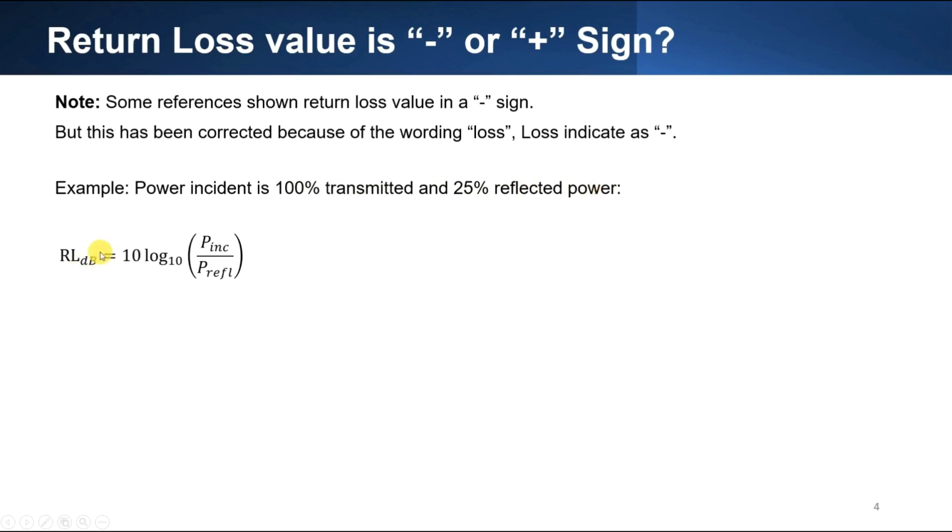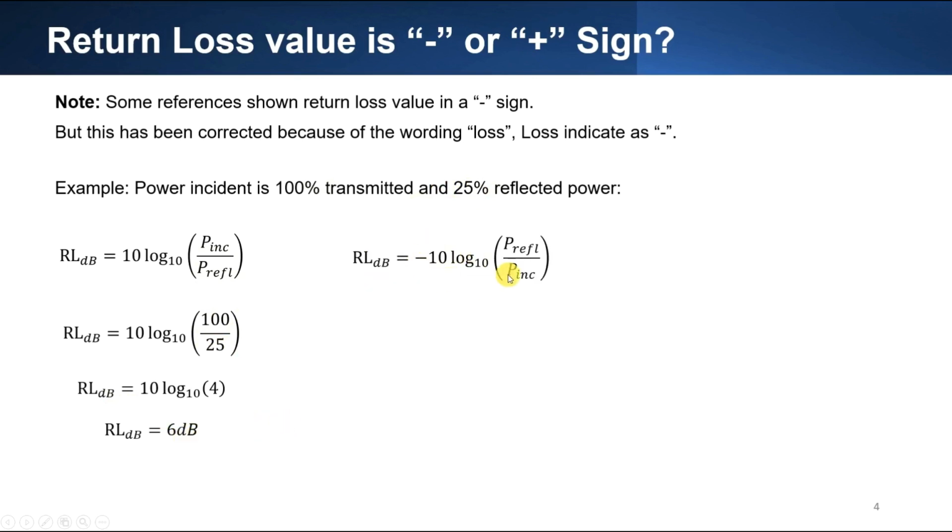So our return loss formula is return loss equals 10 log power incident divided by power reflected. Then we just put in 100% power incident and 25% power reflected. After calculating, we will get 6 dB.